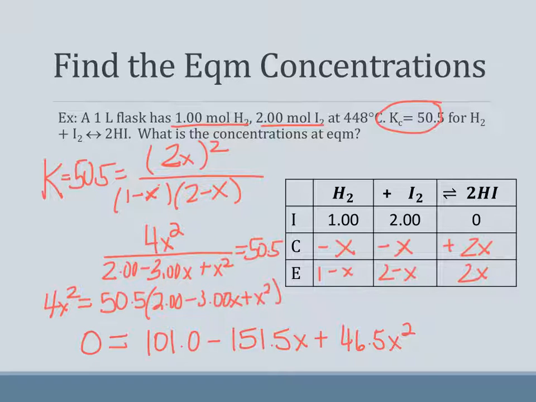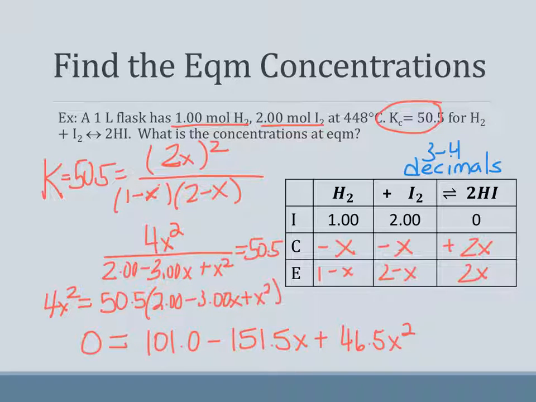So here's the thing. Sometimes you can make an assumption. And you can make an assumption when your K value and your change values, or your equilibrium values, are more than 3 to 4 decimals apart. Let's write it down here: 3 to 4 decimals difference.